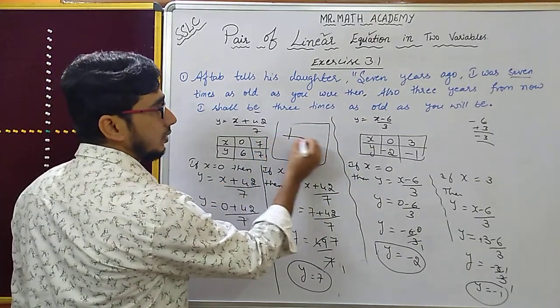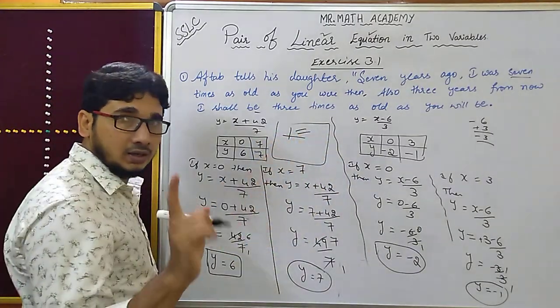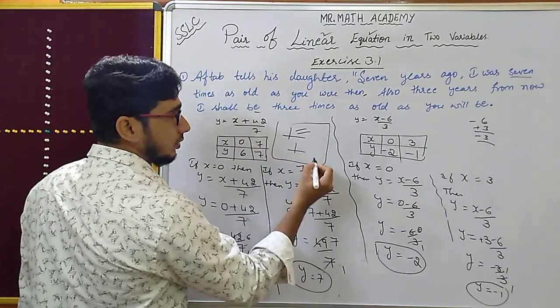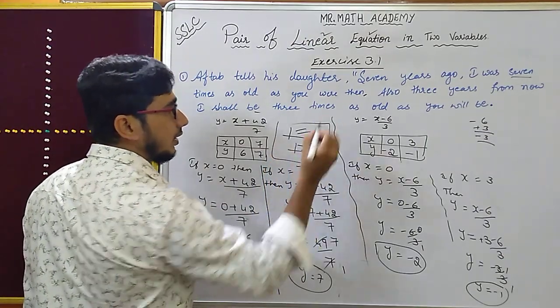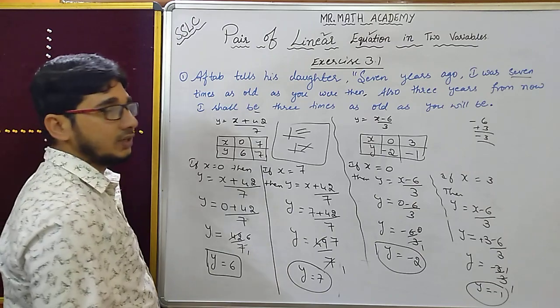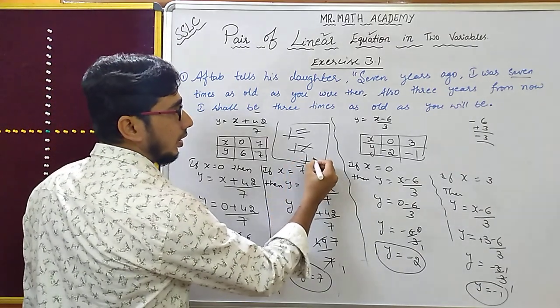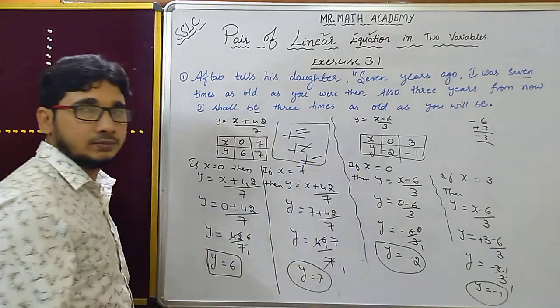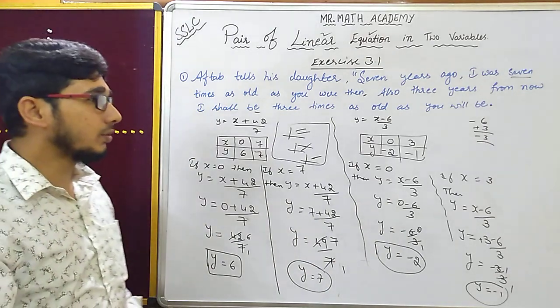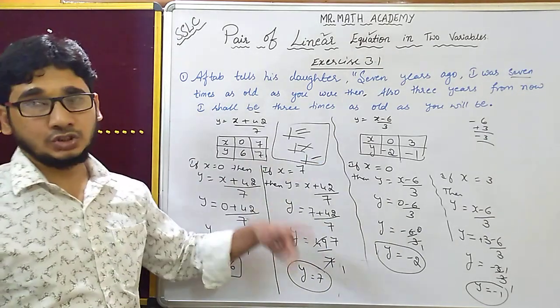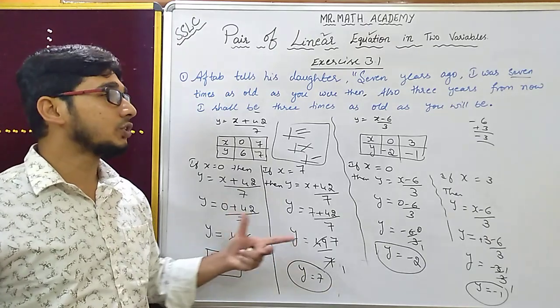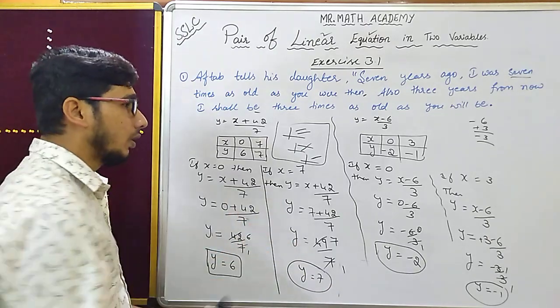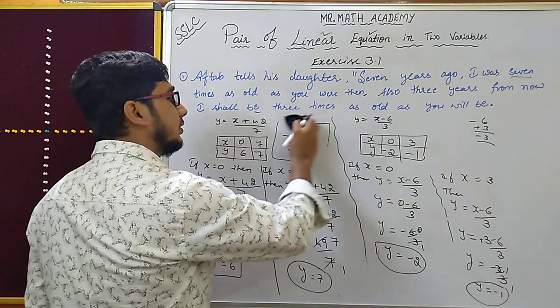Either the 2 lines are parallel, or the 2 lines intersect, or else they are coincident. Now we will see which type of equations and which type of lines we will get. I'll erase this.